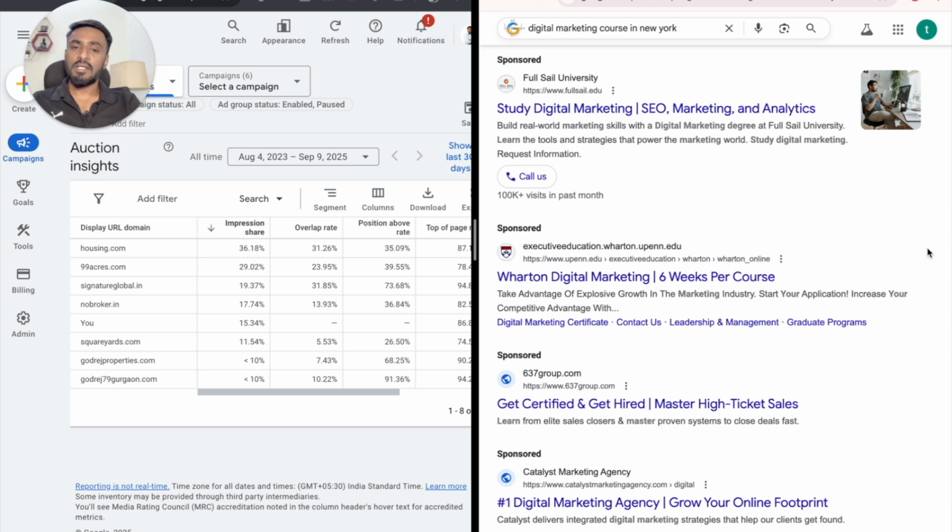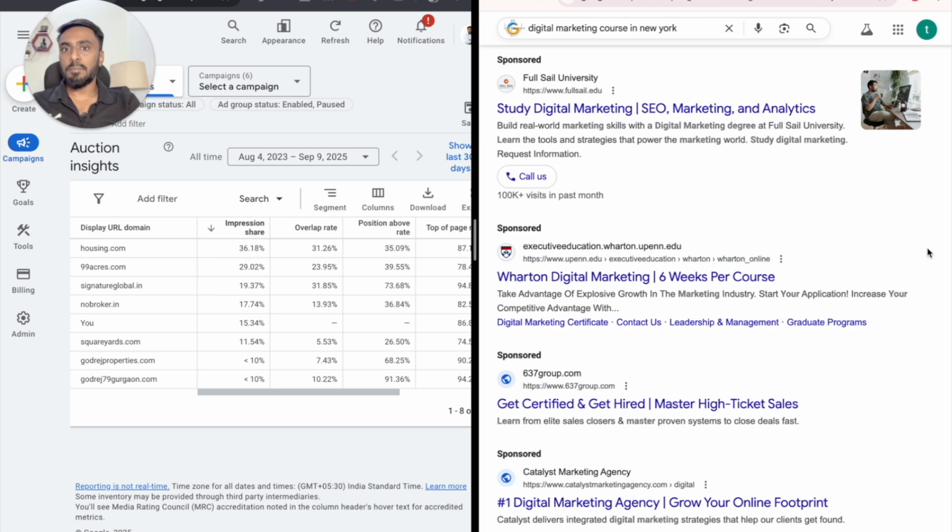Let's assume there were 500 people searching for digital marketing course in New York, and out of these 500, 250 times your ad was shown on the Google search engine results page, which is the SERP. Then your impression share becomes 50%. So impression share is nothing but the percentage of how many times your ad was shown out of the times it was allowed to show on Google.